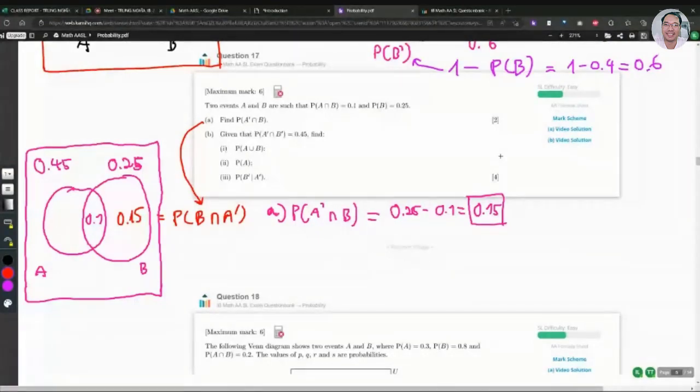It takes only one step to solve that. It's going to be 1 minus 0.45, which is 0.55.